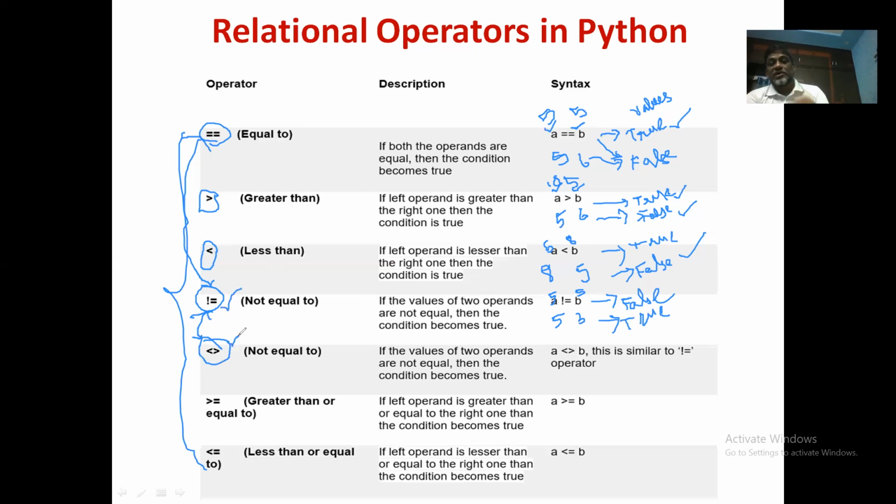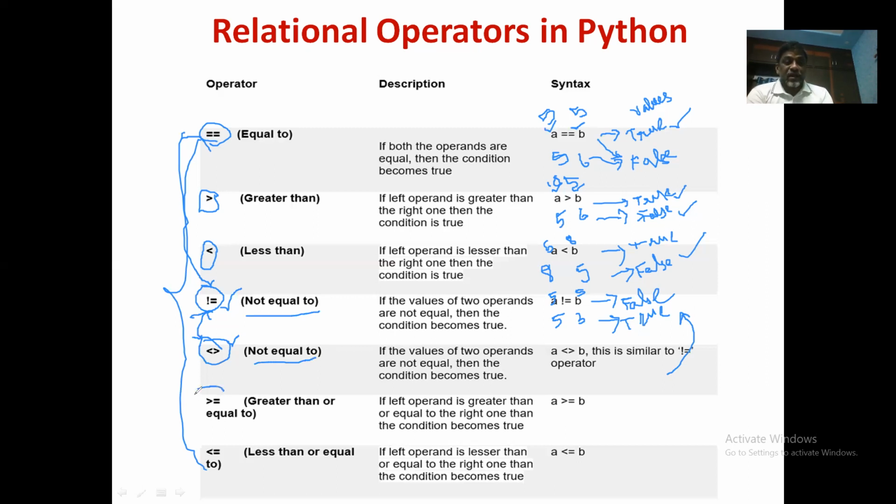Both will do the same task. I'm not explaining this because it is the same as the previous one. Only the symbol is different. So there are two ways of representing the not equals to operation, and both represent the same operation.